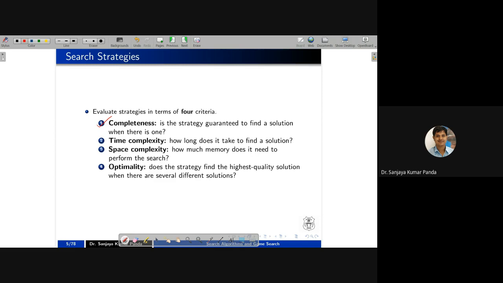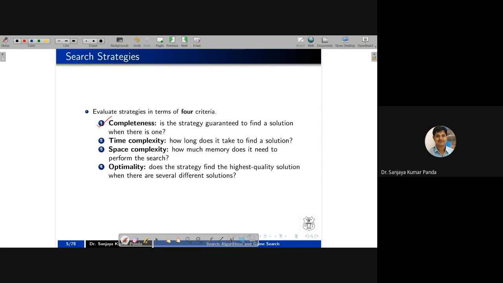Completeness asks: is a search strategy guaranteed to find a solution when there is one? When you solve a particular problem, you should know whether there is a solution to that particular problem or not. Because there are some problems which are not solvable, like one of the problems in complexity theory, whether P is equal to NP or not, that we don't know.